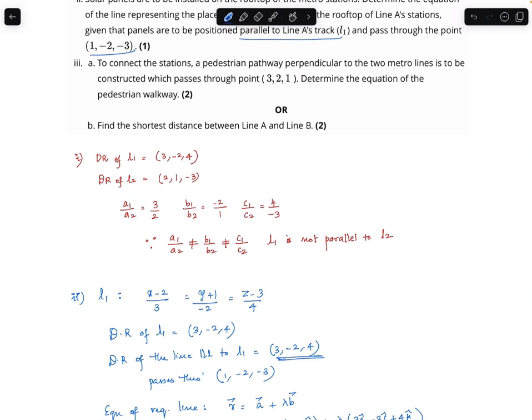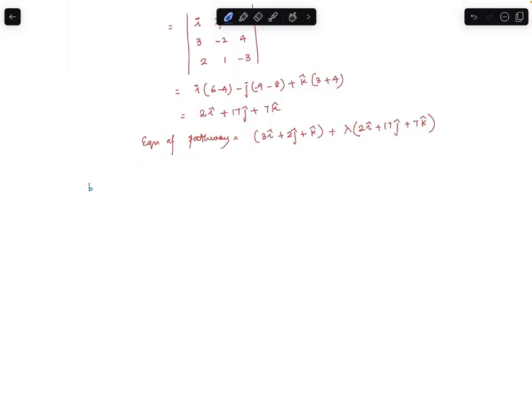Question 3, subdivision B. Find the shortest distance between line A and line B. From L1, a1 is equal to 2i minus j plus 3k and b1 is 3i minus 2j plus 4k.